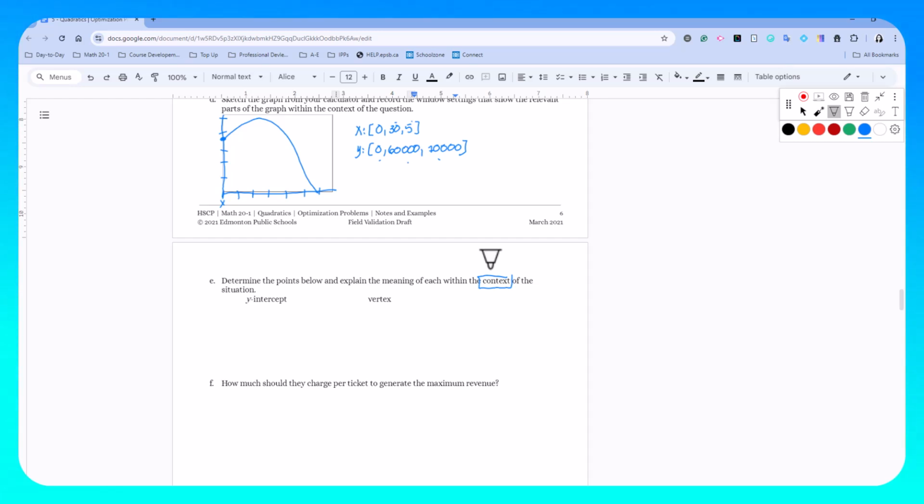In other words, it's what we started at the beginning with. And so there, our y-intercept represents revenue when there is no price increase.